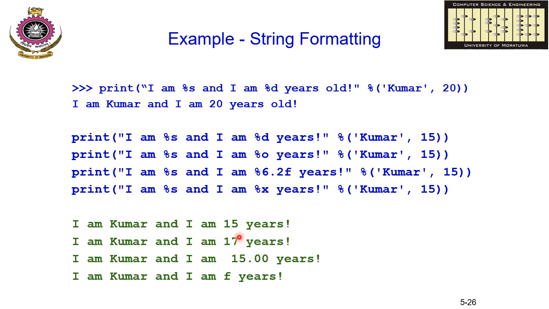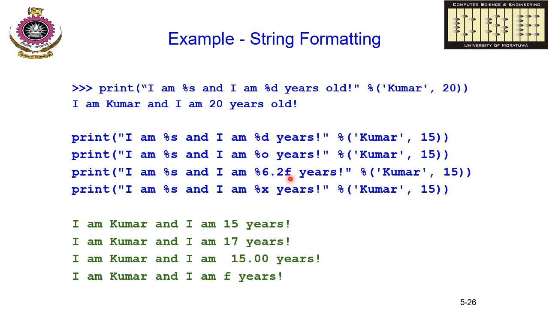It is not exactly 17, because we are asking Python to display that in the octal number system. If you convert that into the decimal number system, you will get 15. So this is the 15 equivalent of octal. It is 17. We don't read that as 17, because 17 normally means the decimal number system, but this is rather 17 in the octal number system.